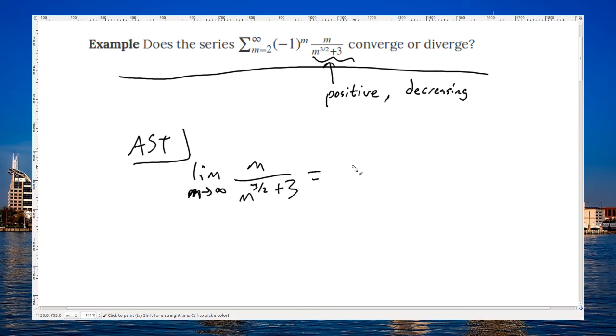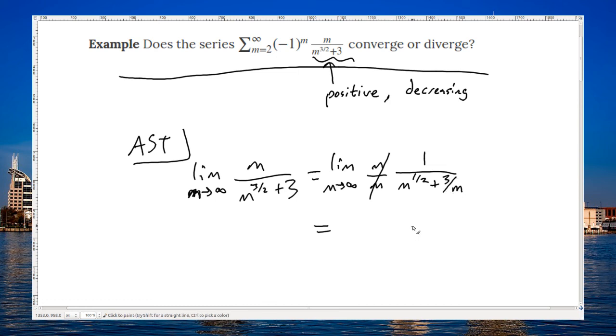But factoring is just as well. I could factor out an m from the top and the bottom and cancel. So what that leaves me with is an m to the 1/2 here plus 3 over m. And as m goes to infinity, this is going to go to zero, and this is going to go to infinity.